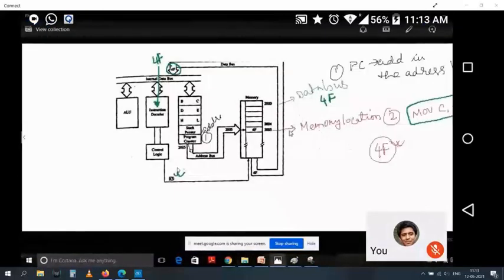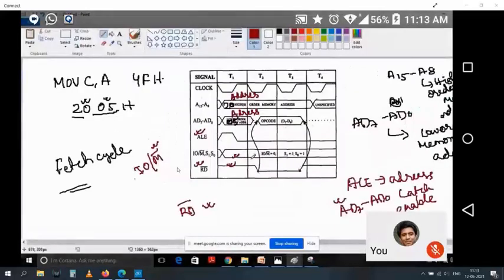The first step, it has gone to the address. Second step, it has identified the memory location. And then it has put it on the data bus. So it has to read before that. So here it is reading. This read operation is going on. And when it is reading, it is putting the 4FH opcode here.